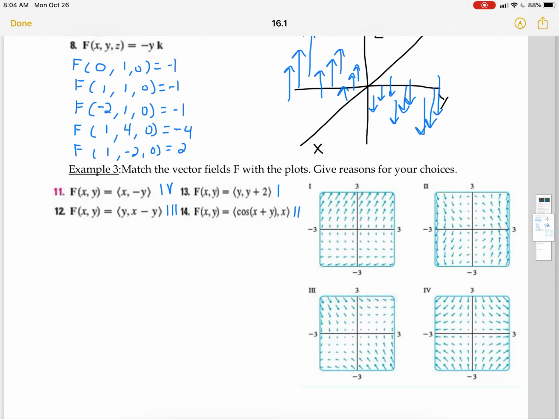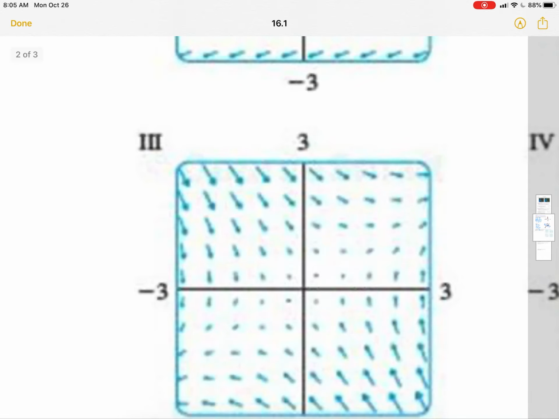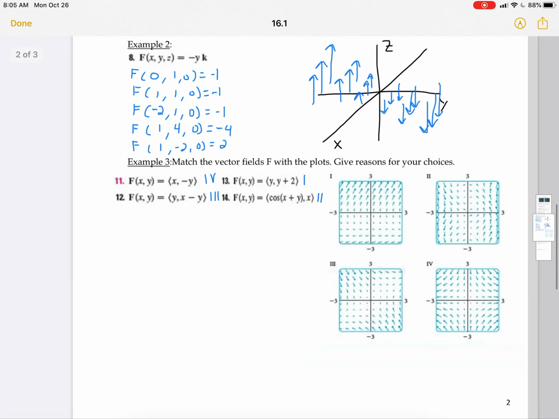And again, how we can tell that is that all the vectors in quadrants 1 and 2 have positive x components, while the vectors in quadrants 3 and 4 have negative x components. Again, if we go along y equals x, our horizontal vectors get shorter as we approach the origin. Again, you have to really zoom in to see the y equals x. They are getting horizontal.